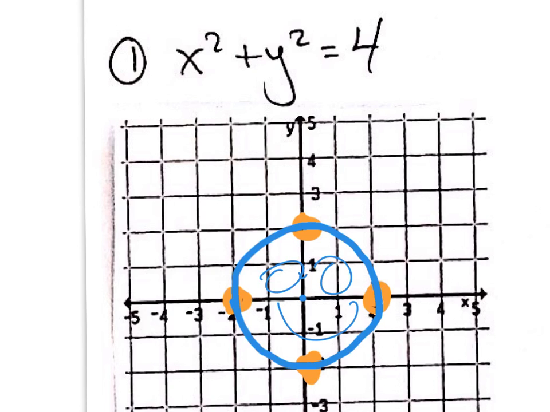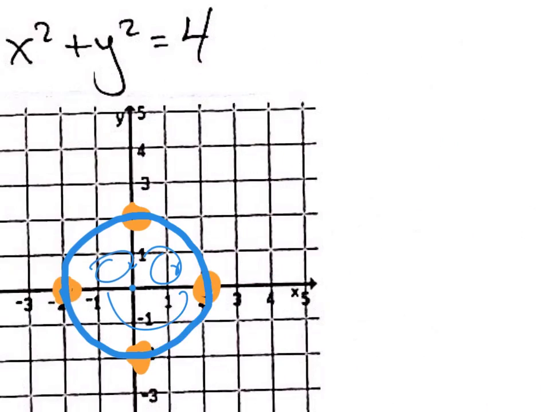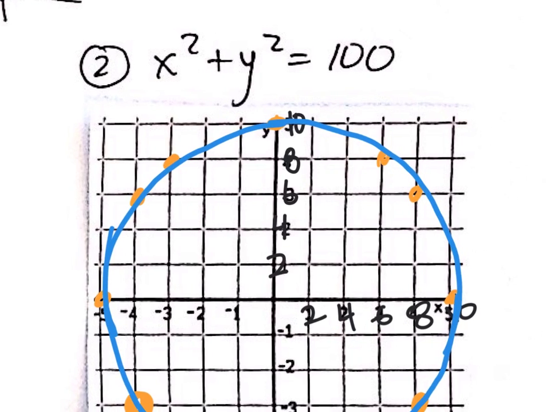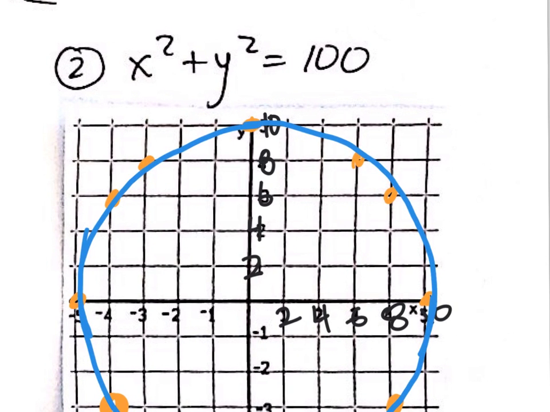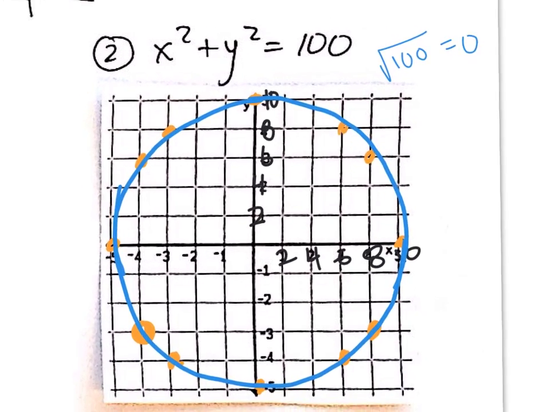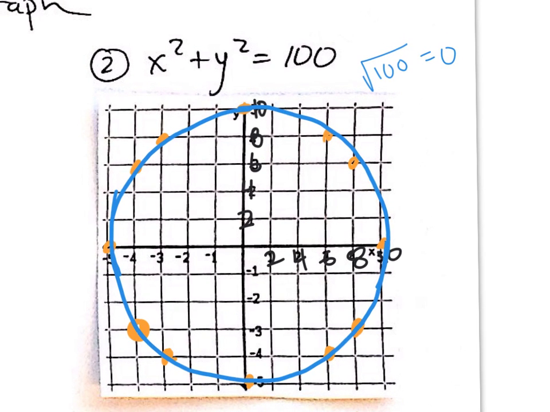Okay, let's take a look at the next one. x squared plus y squared equals 100. So we know that the square root of 100 is 10. So there's going to be a circle with a radius of 10, center at 0, 0. Notice how instead of 1 to 5, I said 2 to 10.